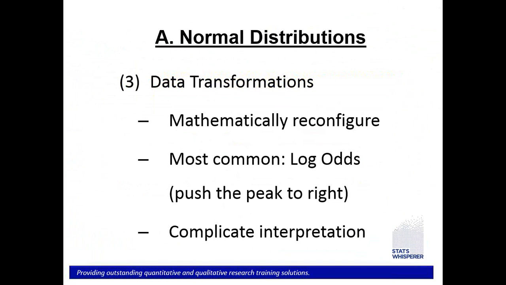Now, another way that non-normality is addressed is data transformations, right? So data transformations basically mathematically reconfigure the variable. It'll say multiply every score by a certain number to spread them out more evenly. Right? Now the problem with that is it complicates interpretation because it changes, say, the mean score.